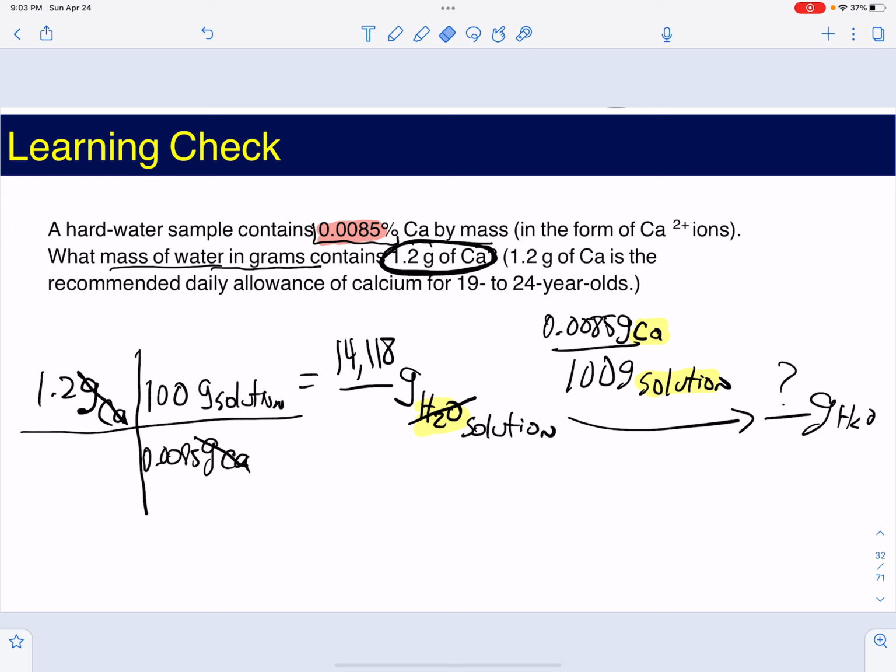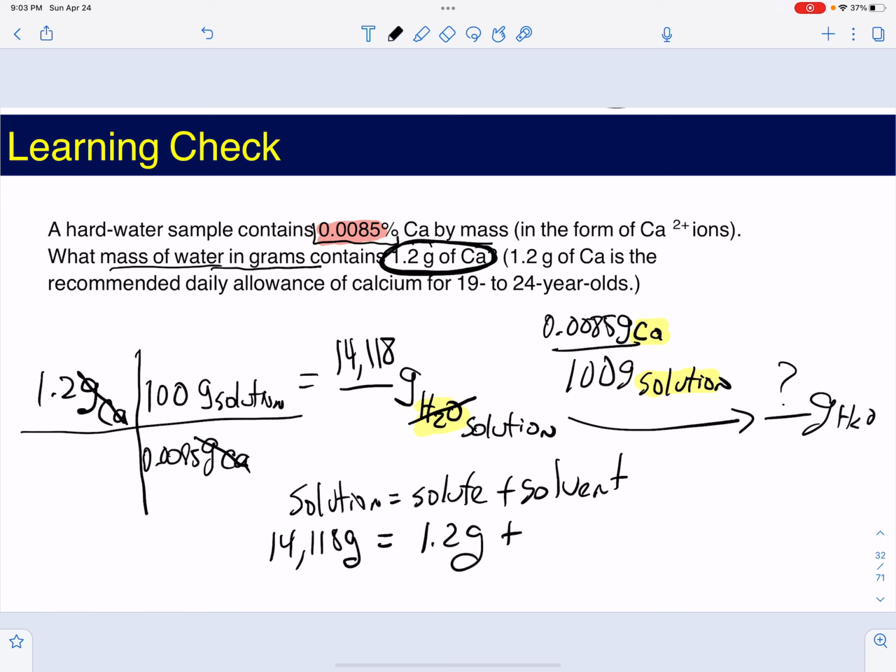So given that the solution is nothing more than the solute plus the solvent, and given that I have 14,118 grams of the solution, and I know I have 1.2 grams of the solute, can I find the grams of the water?